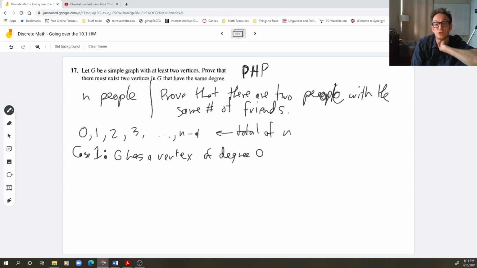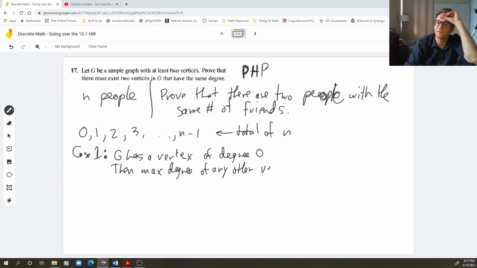If G has a vertex of degree 0, then there is a vertex that is not adjacent to any other vertex. And so then the max degree of any other vertex is n minus 2.